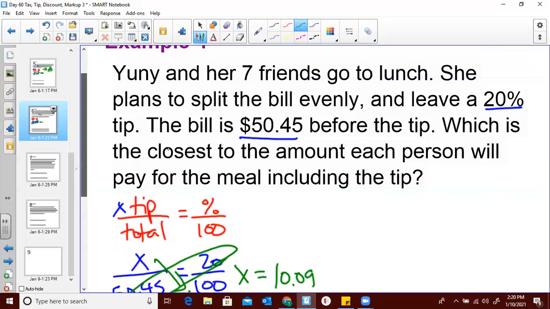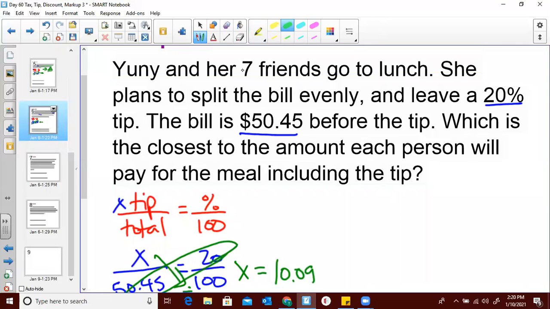All right, a lot of stuff to read here. So let's start off with what we're looking for, which is the closest to the amount each person, so that's 1, will pay for the meal, including the tip. Let's figure out what the total cost of the meal was, including tip first.